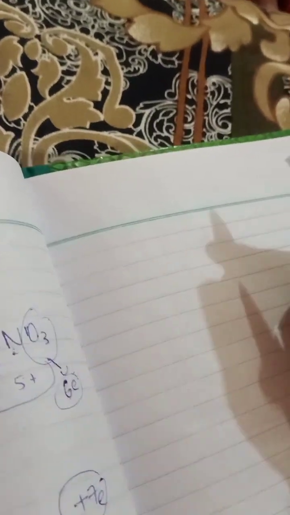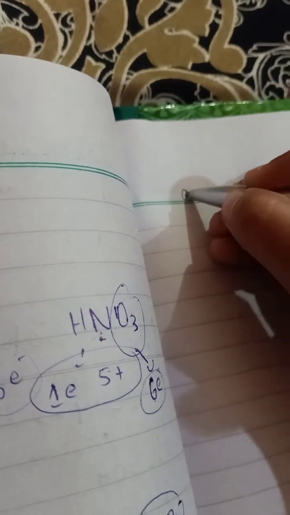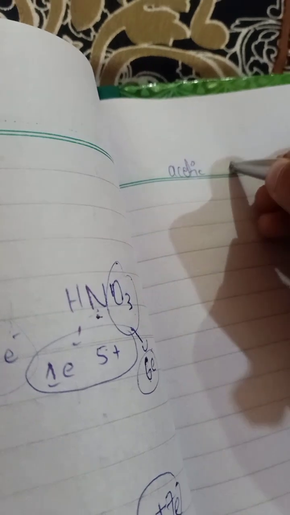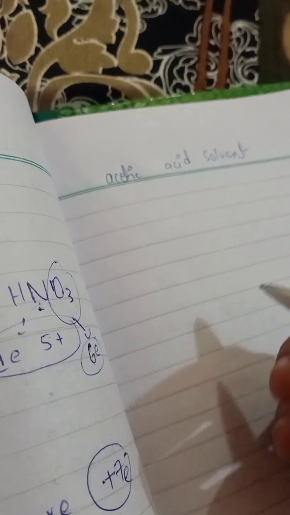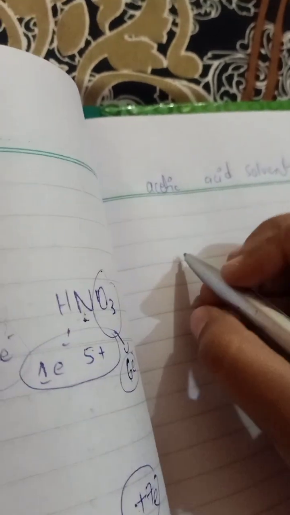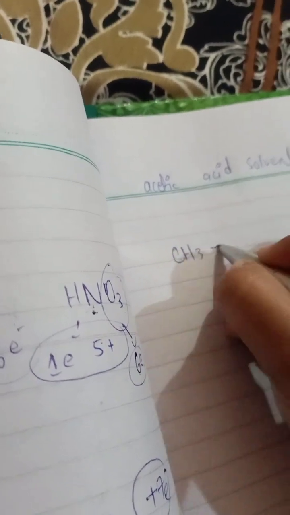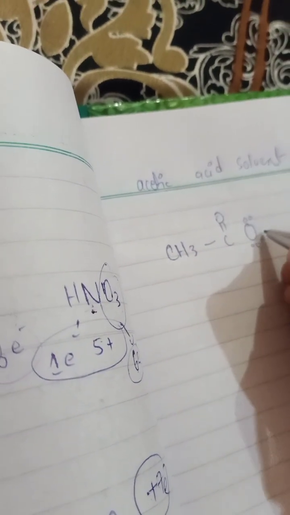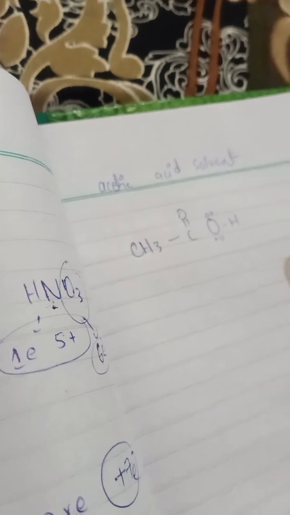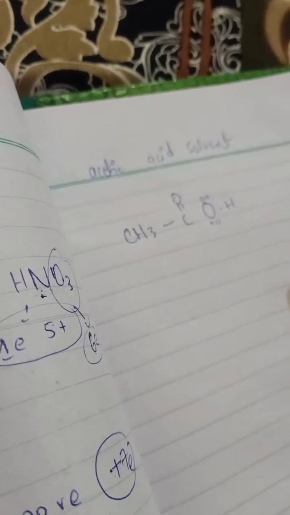To check this, let's talk about the acetic acid solvent, to see which is more protonated and which is less protonated. We have acetic acid, and we have the hydronium ion.